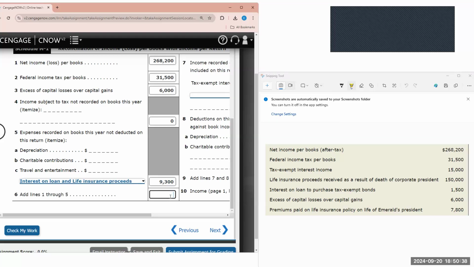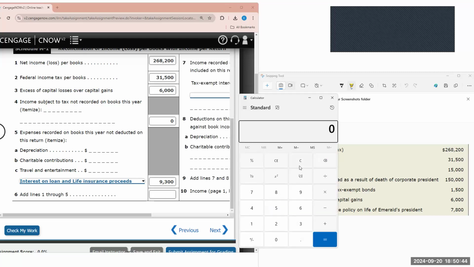For line 6, it asks us to add lines 1 through 5. We start off with the net income per books. From there, we add back the federal income taxes per books because it's not deductible for tax purposes.